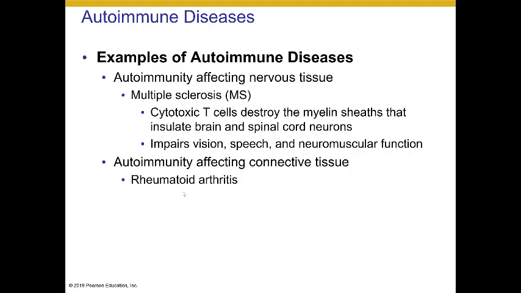Multiple sclerosis. This is a degenerative disease. This is when your immune system attacks the myelin sheaths that cover the axons of your neurons. And if you go back to ANP1 and think about what myelin is doing, that's an insulator basically, and it's allowing nerve signals to be sent down those axons very quickly.